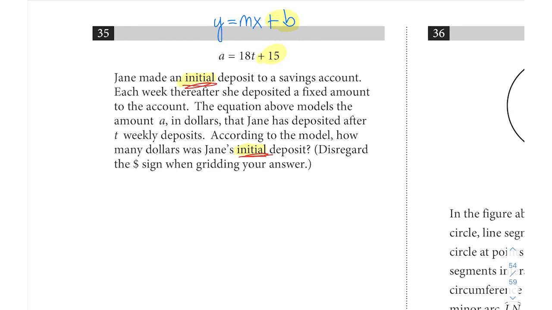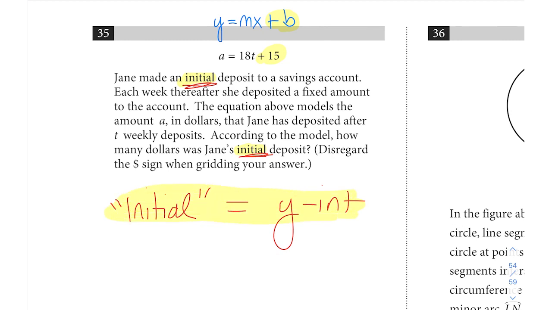I'm going to put this in red and highlight it. Whenever you see initial, starting amount, or constant amount, for these y equals mx plus b equations, initial means the y-intercept.